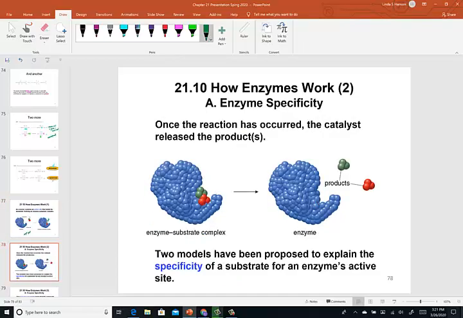There's really two competing theories for how this occurs. The enzyme substrate complex releases the two products, the enzyme is released in its original form, and it's used over and over and over.